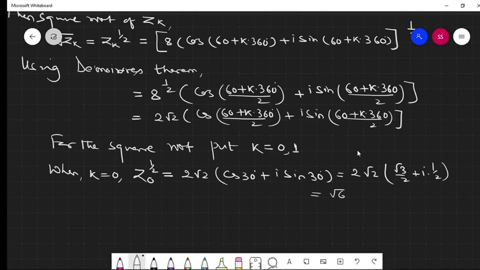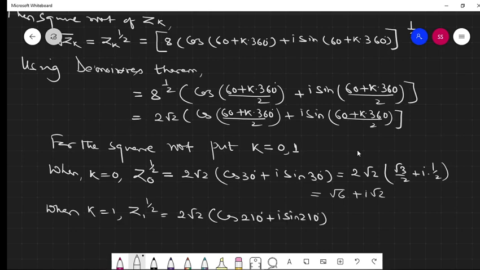The 2 and 2 cancel, root 2 times root 3 is root 6, plus i root 2. And when k equals 1, z_1 equals 2 root 2 times cos of (60 plus 360) by 2, and 420 divided by 2 is 210 degrees, so cos 210 plus i sin 210. This gives 2 root 2 times minus root 3 by 2 minus i times 1 by 2, which is minus root 6 minus i root 2.